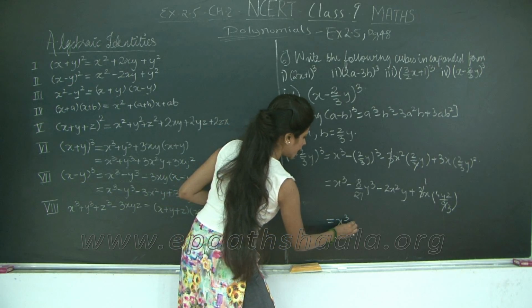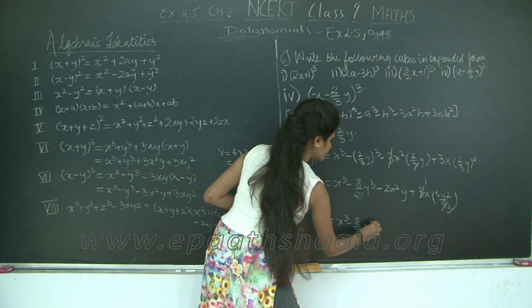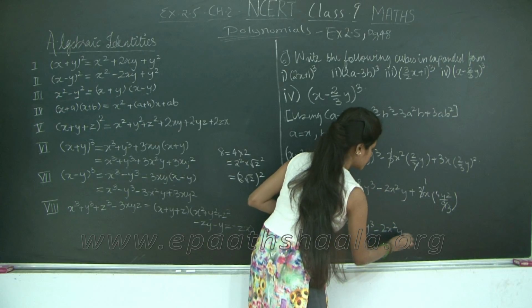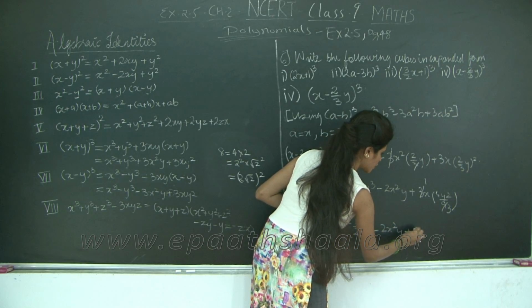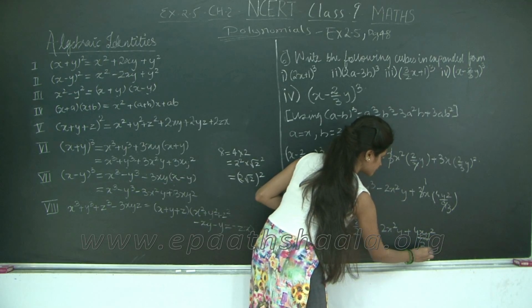Let's further rewrite this. What do I get? x cube minus 8 upon 27y cube minus 2x square y plus 4xy square upon 3.